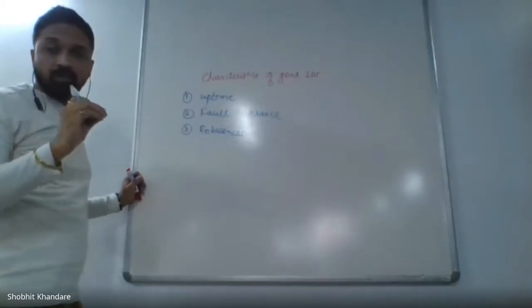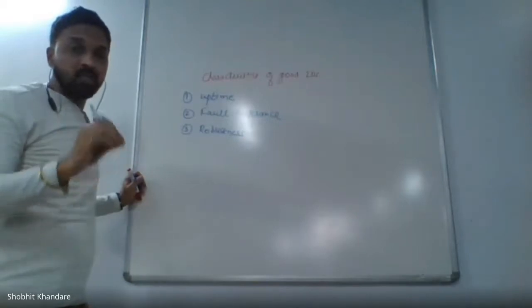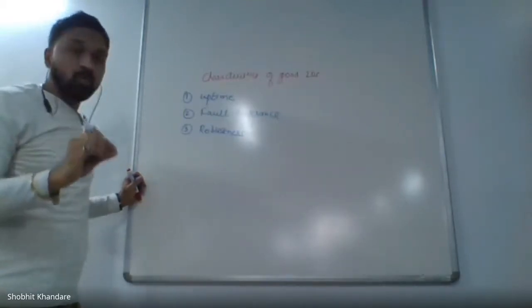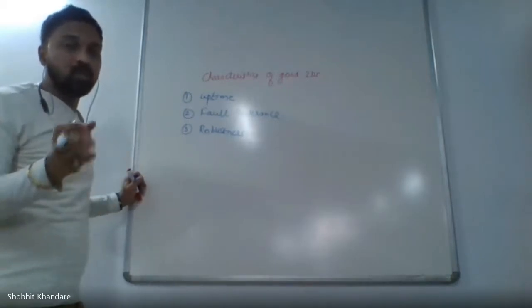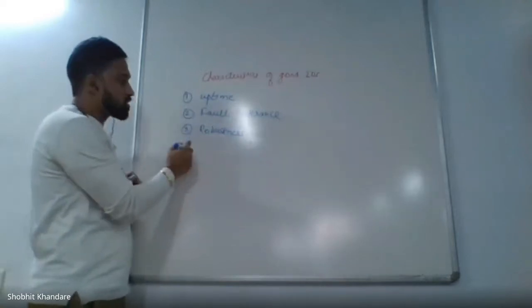Your IDS should be able to perform under critical, good or bad conditions. So that is called robustness.